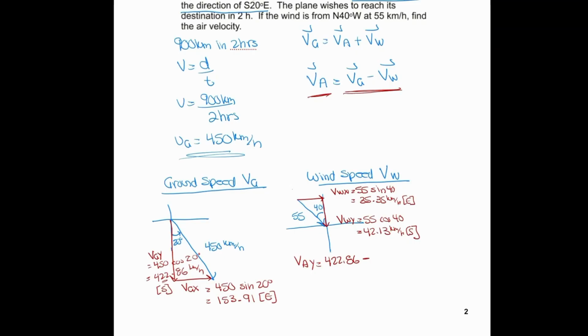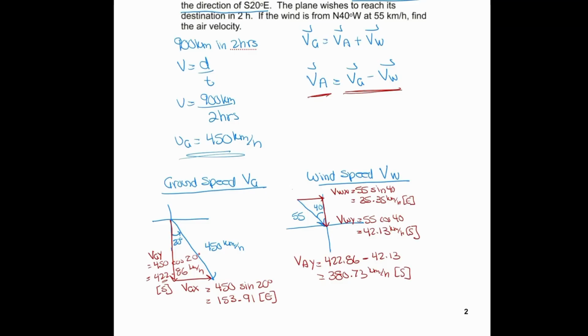It's going to make it appear to go faster. In the y direction it is 42.13. That gives me a velocity in the y direction of 380.73 kilometers per hour south.